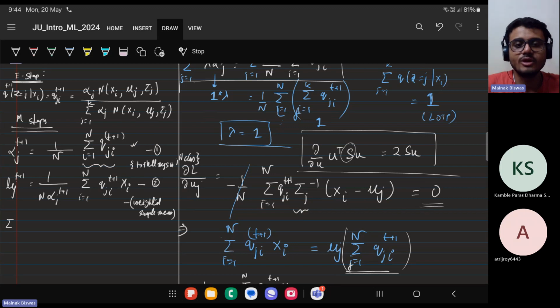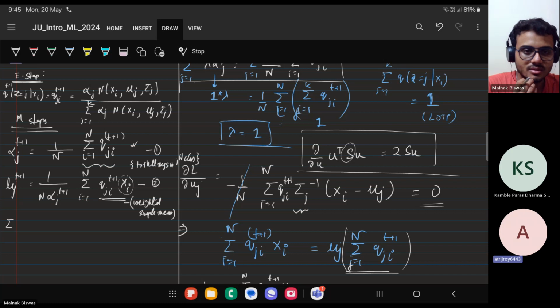In the worst case, if they were all ones, you would get the number of data points. This is nothing but the weighted average of the data points. If you did not have these q's, you would have only the summation of xi's, which is nothing but the average of the data, right? Since the summation of q ji is 1, it is like putting weights wi. Yes, exactly.